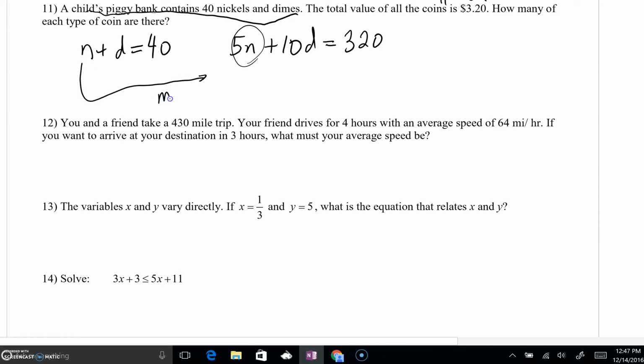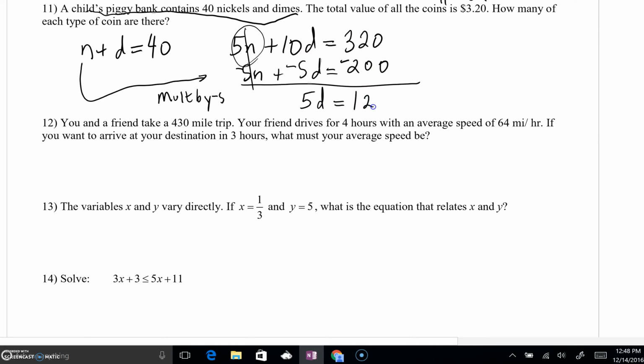So I'm going to multiply this equation by negative 5. We'll get negative 5n plus negative 5d. Negative 5 times 40 is negative 200. The n's cancel out. 10d minus 5d is 5d. This comes down to 120.